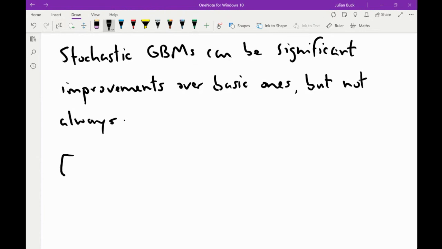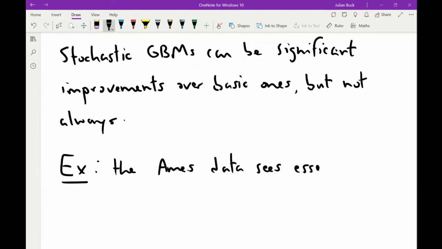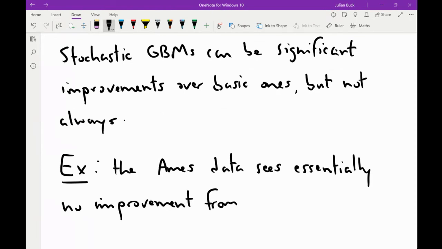Okay. So an example, well, let's use the example we've been talking about. The Ames data sees essentially no improvement from stochastic gradient boosting over the basic one that we already talked about.